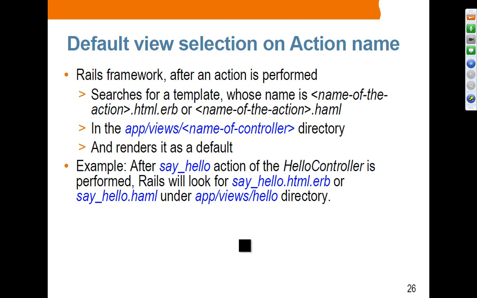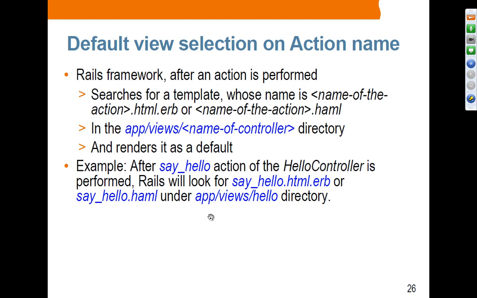In the Rails framework, after an action is performed, it's going to search for a template whose name is the name of the action.html.erb file or haml file. We haven't talked about haml yet. So mostly it's going to look for the action name.html.erb file in the app/views/controller directory.